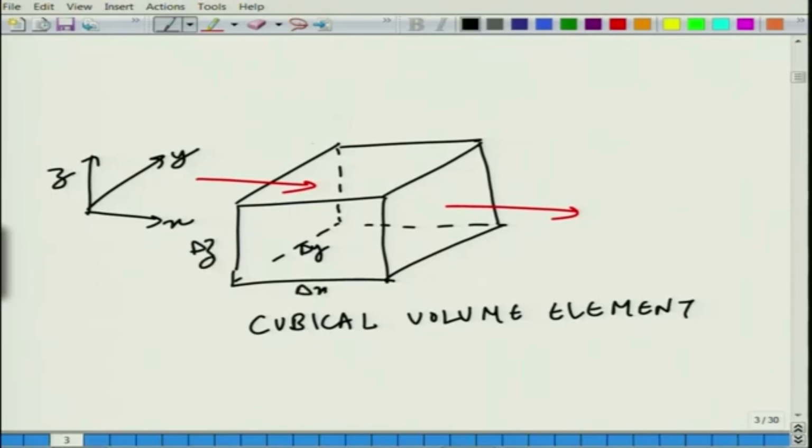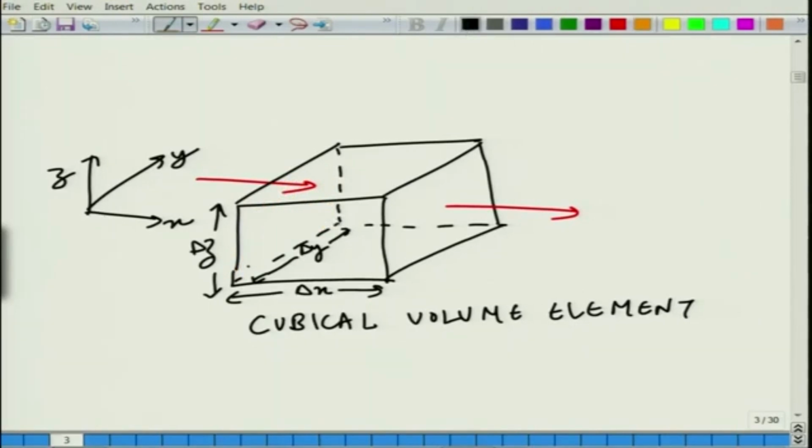Similarly, this is your delta x, like this. Okay. This particular area is delta x into delta y.